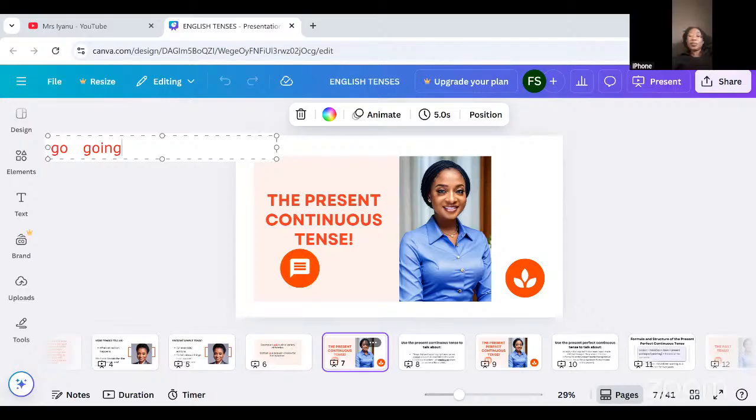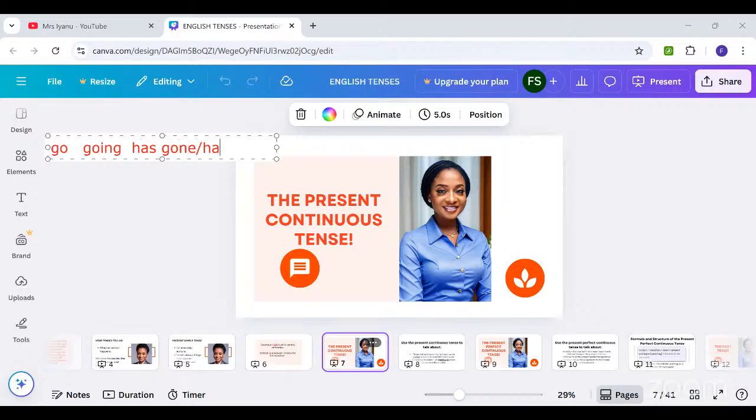I can hear you, ma. So when you have the present perfect tense, what you're talking about is either still ongoing, meaning it started before and it is still ongoing, or it has been concluded.